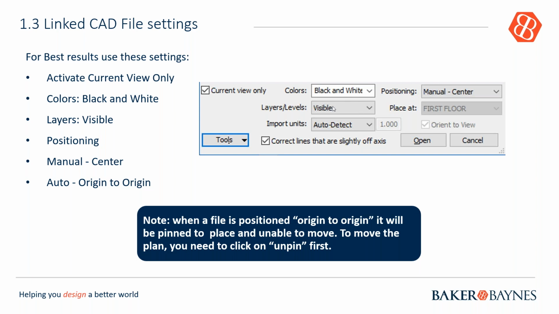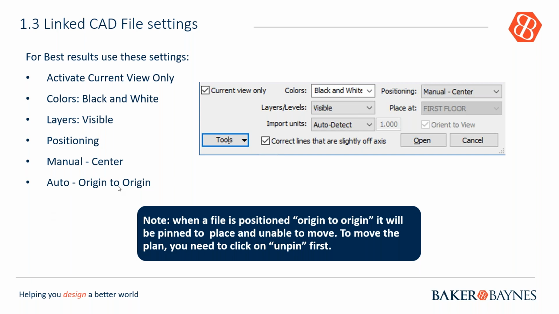In terms of the layers, by default, all the CAD layers are imported. I usually set it to visible because I feel that if you set it to visible, the layers that are hidden or frozen won't be imported. Again, that just makes it easier to work with. And then when I position my drawing, well, this is a touchy one. So I've put down manual center because I generally move my drawing around, but I feel that it should actually be, as you've seen, origin to origin.